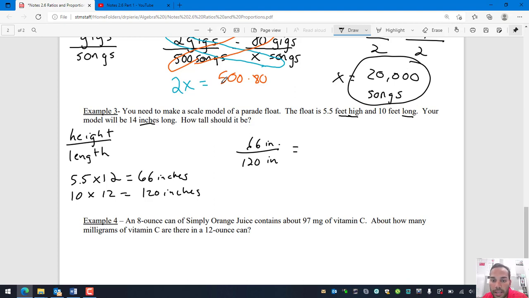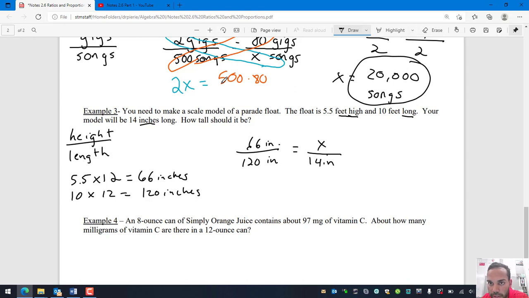So remember, length is going to be on bottom here. 14 inches, but I don't know how tall my replica is going to be. I'm going to call this X. This is my actual float. This is my replica. I'm trying to determine how tall my replica should be.